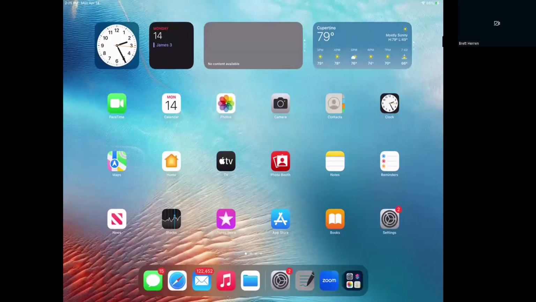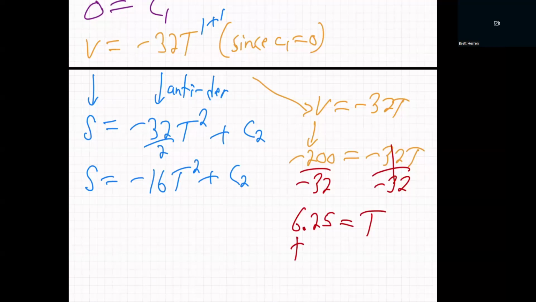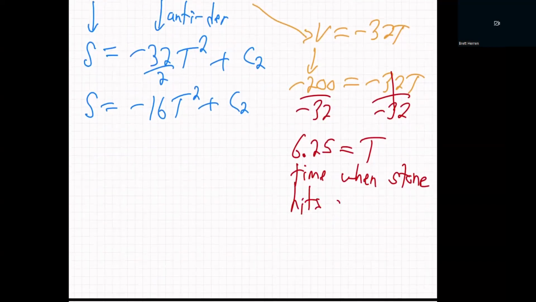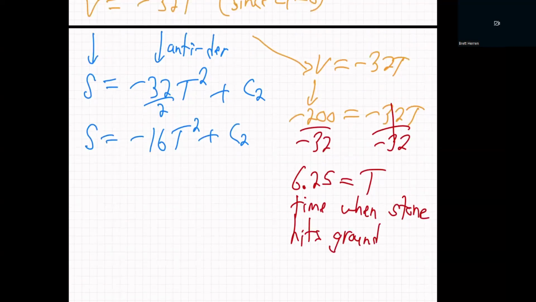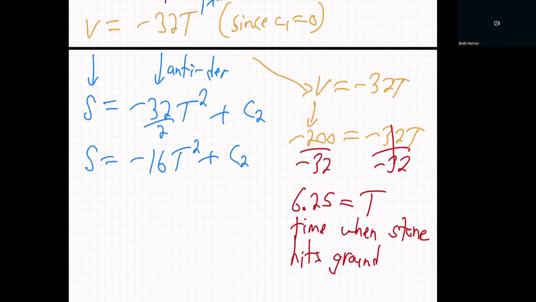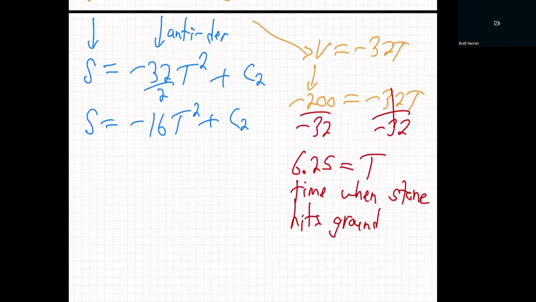So that means 6.25 is the time when the stone hits the ground. How do I know that? Because I plugged in the velocity of negative 200 when it hits the ground and solved for time, so it hits the ground at 6.25 seconds.